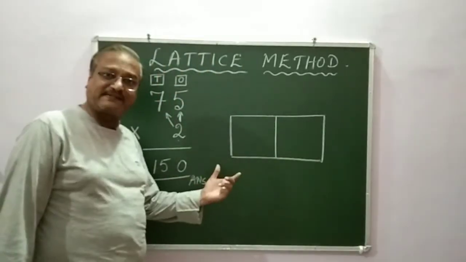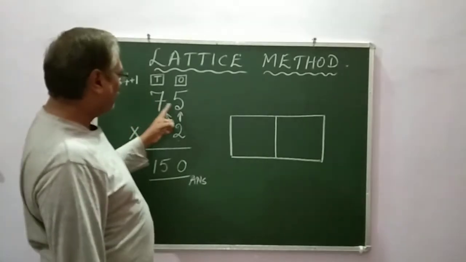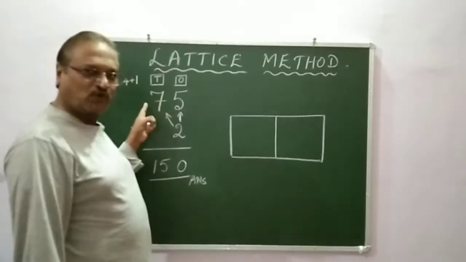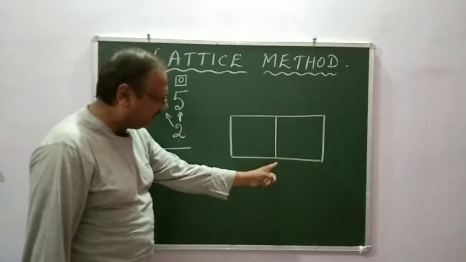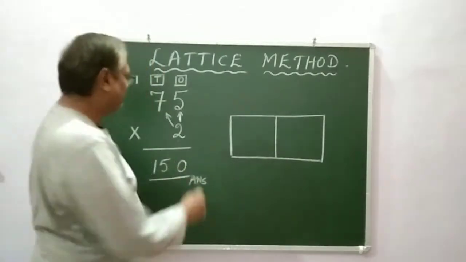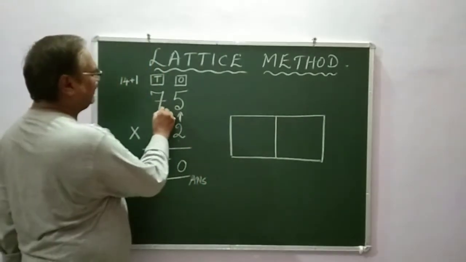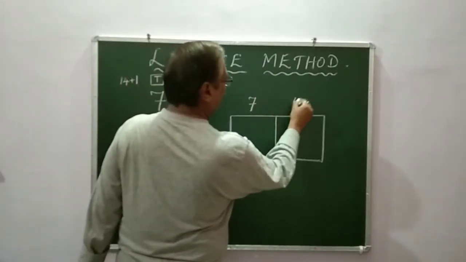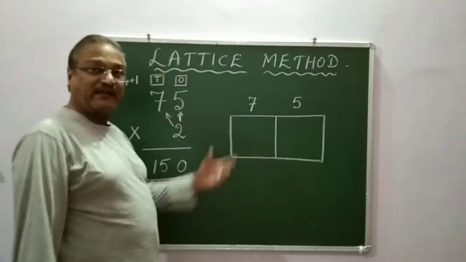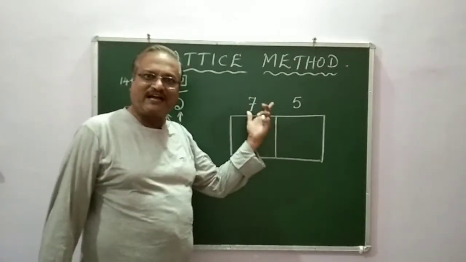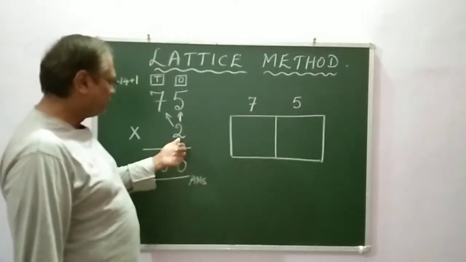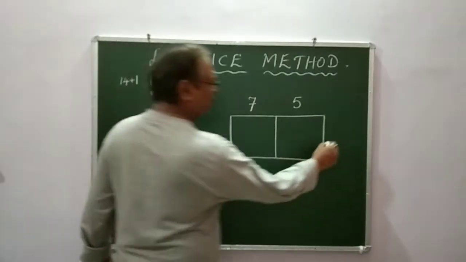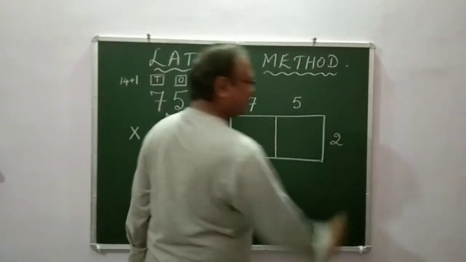Why 2 parts? Because I got 2 digits. Let me write 7 and 5 above this box. I have to multiply this with 2, so write it on the side.